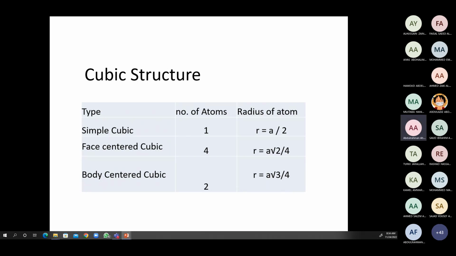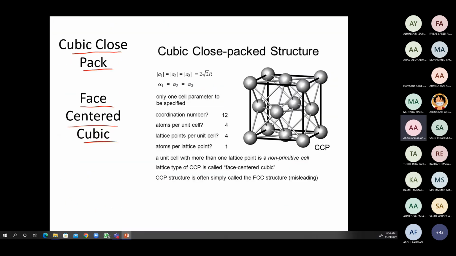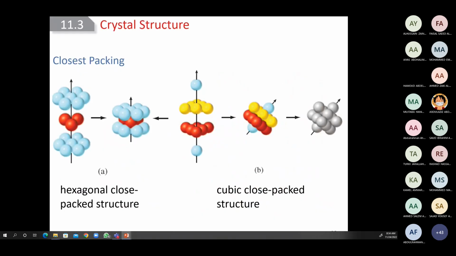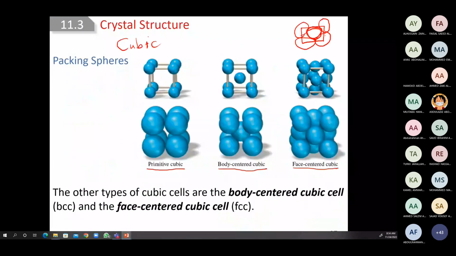How many cubic structures do we have? 3. What are these? Simple, face-centered, and body-centered. In the simple cubic, let me go back to this one.